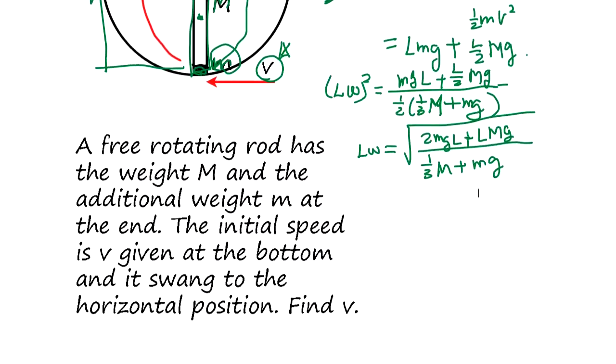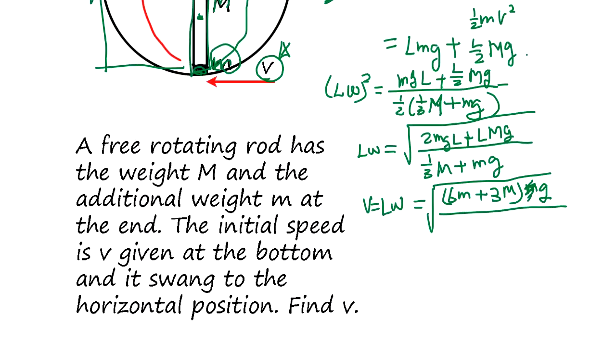Now we know v is L omega, so the answer is, if we multiply by 3 together, the square root of (6 m plus 3 M) g L over (M plus 3 m). Okay, so that's the answer.